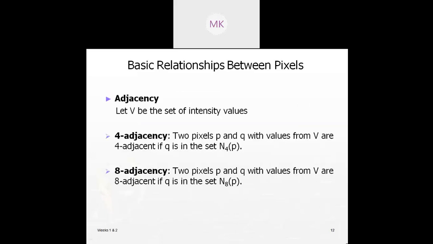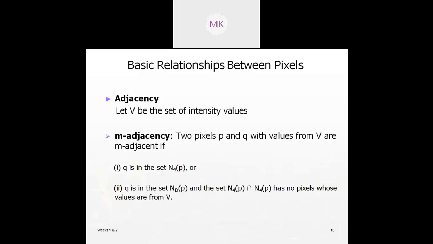So next we'll consider adjacency. What is adjacency? If we consider V, V is a variable which represents a set of intensity values. If in a binary image V is equal to 1, then we are referring to adjacency of pixels with value 1, that is V is equal to 1.